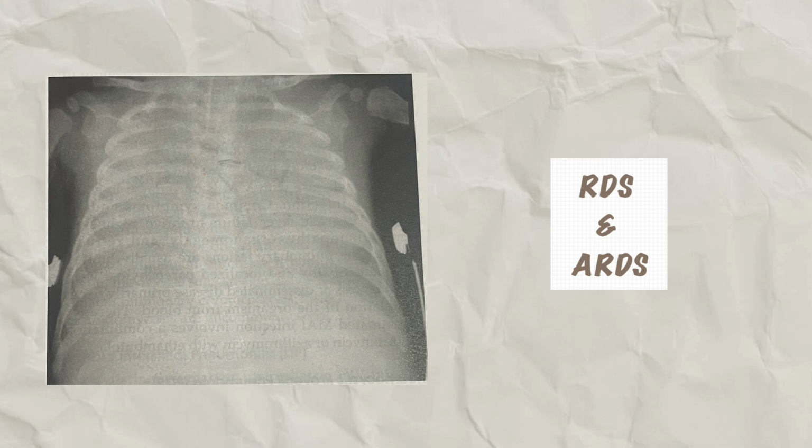The primary abnormality is surfactant deficiency. Surfactant produced by type 2 alveolar cells comprises lipoprotein containing phospholipids and proteins. The surfactant prevents the alveoli from deflating at the end of expiration by lowering the surface tension within them.